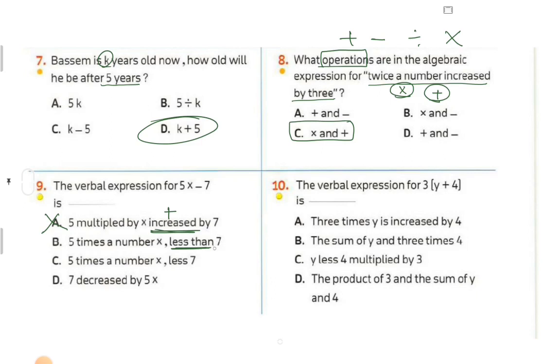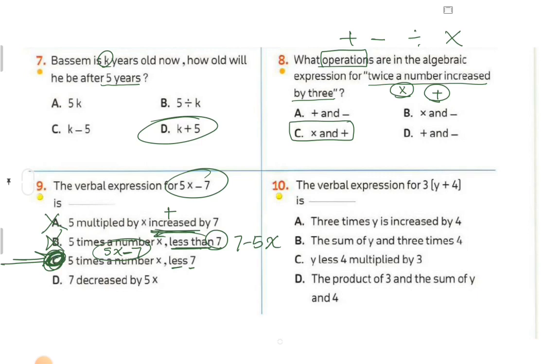Note he said less than 7, it means 7 minus 5x, and this is wrong also. Here, 5 times a number x less 7 means minus 7, and that's the one we need. That's the right one.